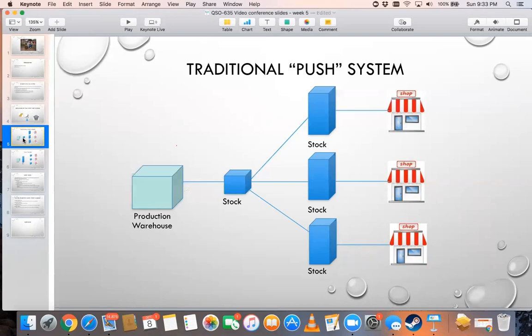If you notice, the majority of the stock is situated near the vendor or near the retailer. And this is how a push system works. The manufacturer benefits from putting stock as close to the retailer as possible.